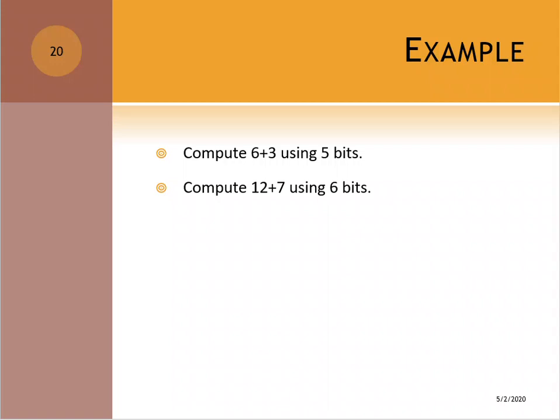Usually in the exam, you will be told by the question how many bits to be used. For example, compute 6 plus 3 using 5 bits, compute 12 plus 7 using 6 bits. I think you can do this one on your own. Next.